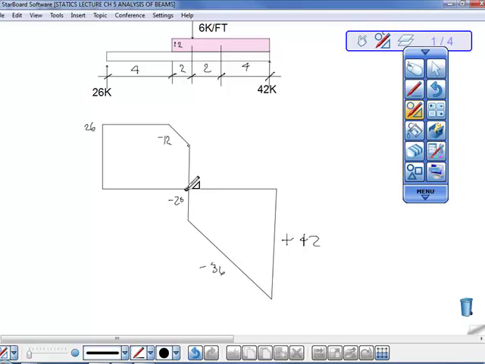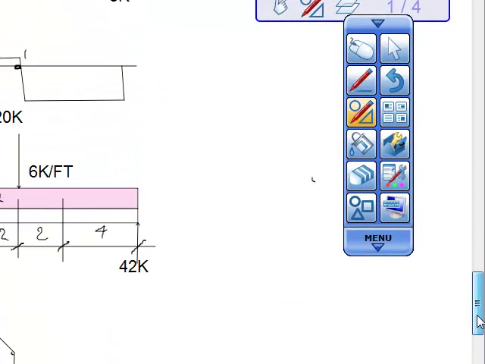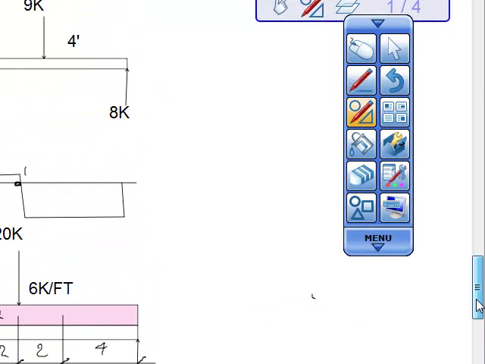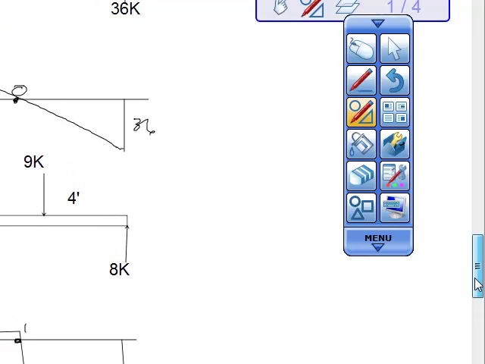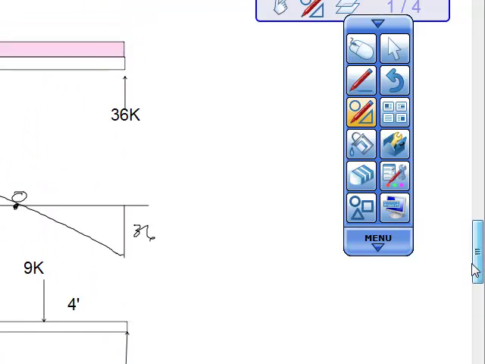When we design a beam, we are concerned with the maximum value of the bending moment, and this always occurs where shear equals 0. That's what we care about, because that's where the beam needs to be the strongest.